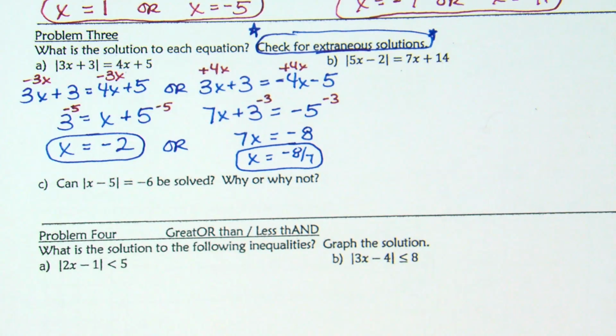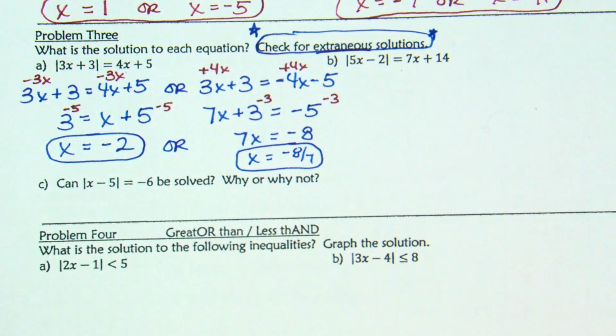So if I take negative 2, you can just do this in your heads. I'll write down some stuff usually. If I put in negative 2, 3 times negative 2 is negative 6, negative 6 plus 3 is negative 3, and the absolute value of negative 3 is 3. I'm writing that 3 down so I don't forget what I got on the left side.